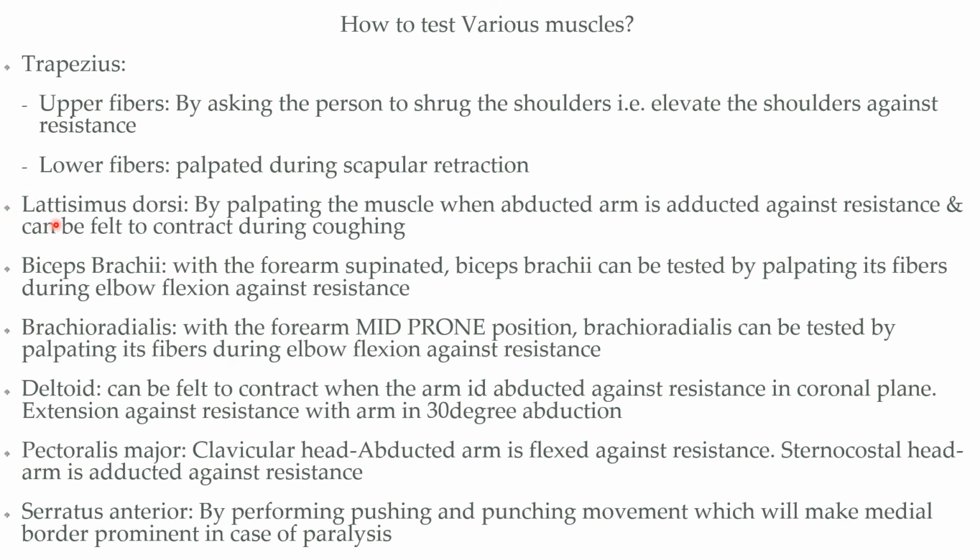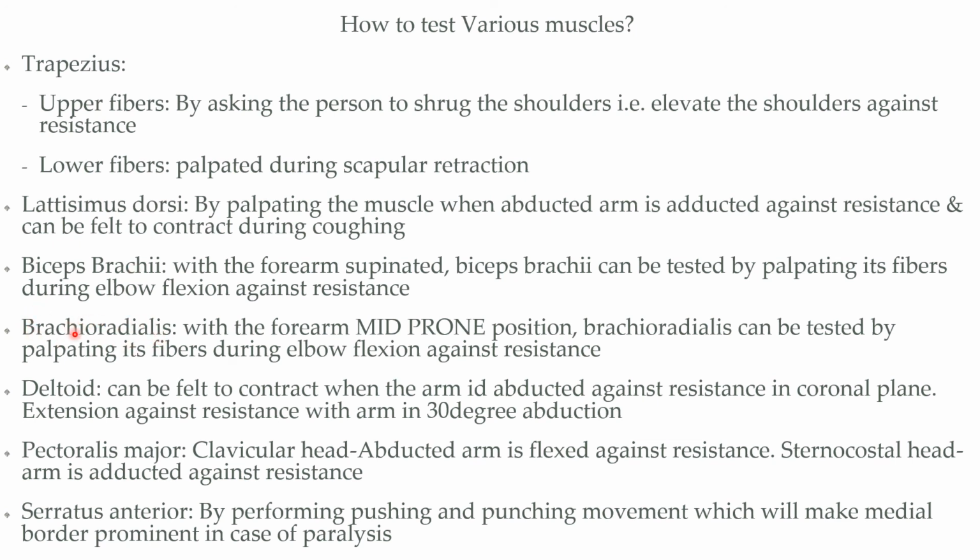Likewise, latissimus dorsi is responsible to cause adduction at shoulder joint, and hence the subject can be asked to perform adduction of the arm against resistance. Biceps brachii can be tested by asking the subject to perform flexion at elbow joint against resistance when the forearm is in supinated position.